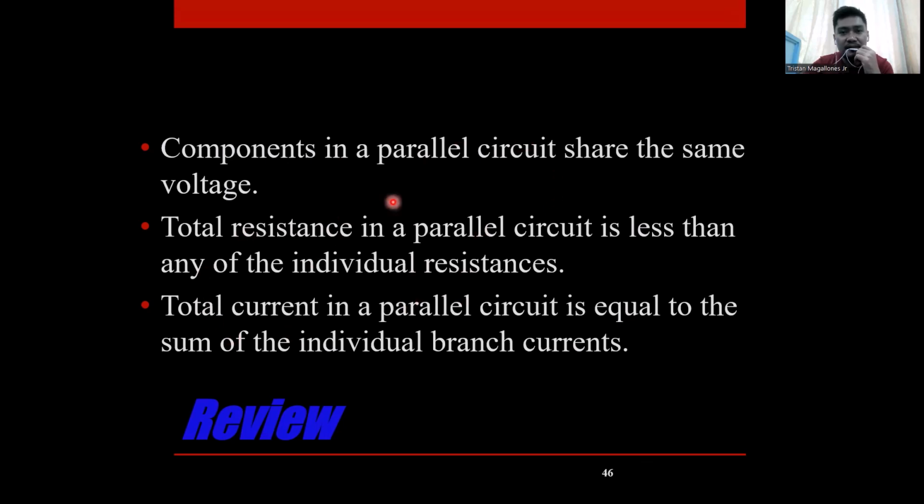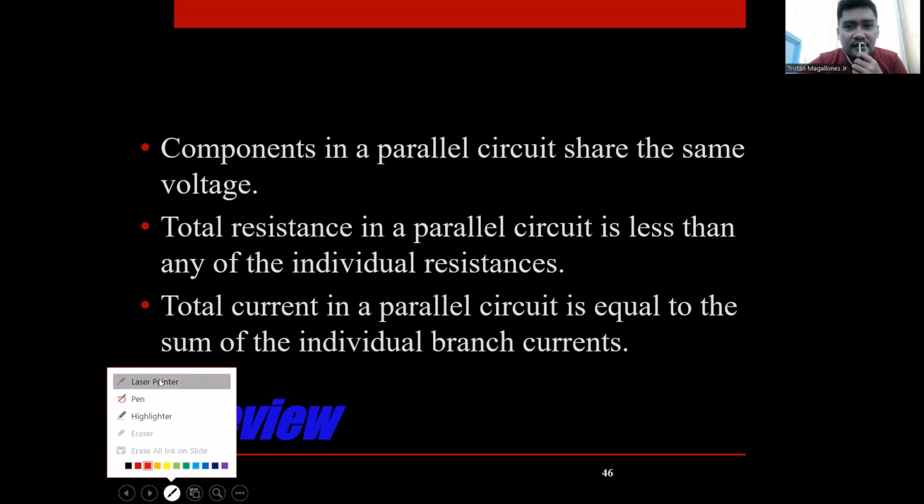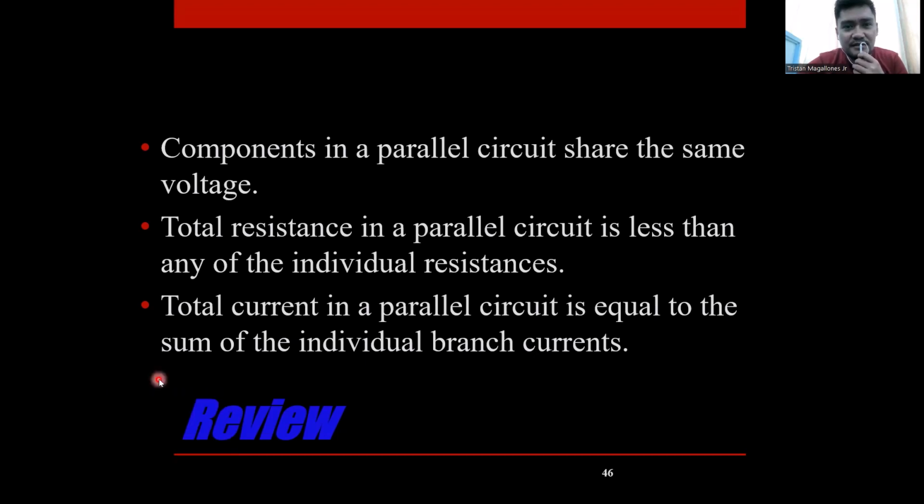Components in a parallel circuit share the same voltage. So as a review, here you can see that components in parallel share the same voltage.